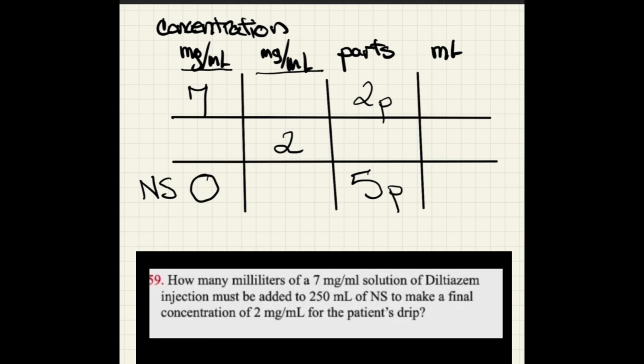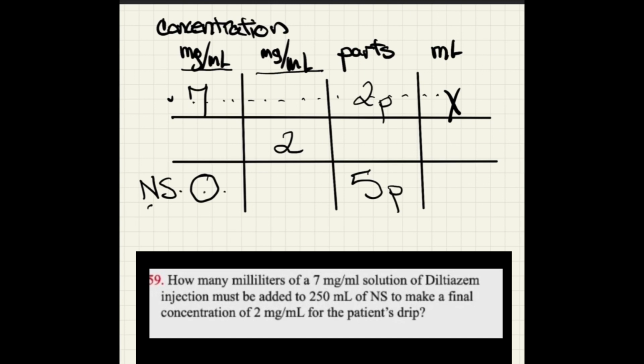Now read carefully: how many milliliters of 7 milligram per ml solution. That's what we're looking for. How many milliliters of 7? So I go to the 7, and I'm going to just draw a line all the way across. That is what we're looking for, that's why I'm putting an X. It said added to 250 milliliters of NS.